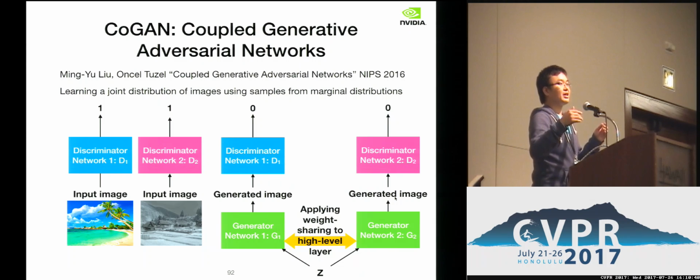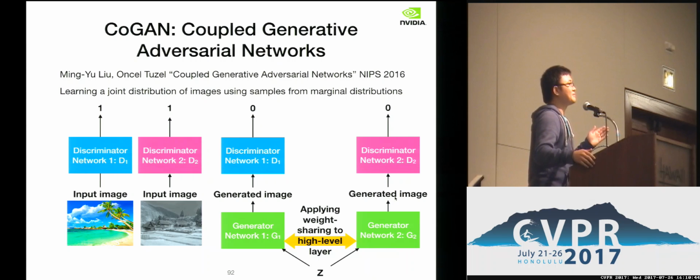their high-level weights. What I mean is, if we buy the assumption that deep networks learn hierarchical features from low resolution to high resolution, the higher level actually captures the more global concepts.